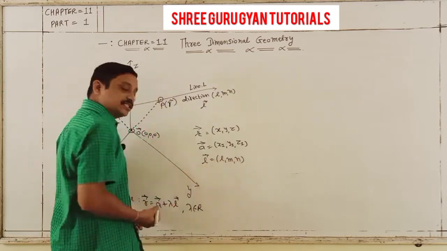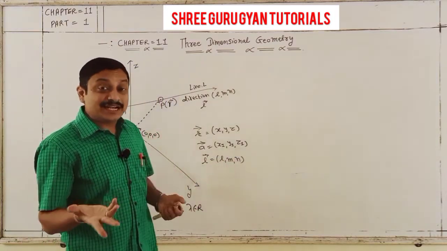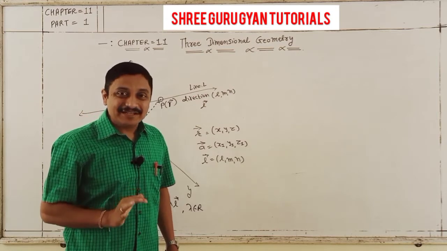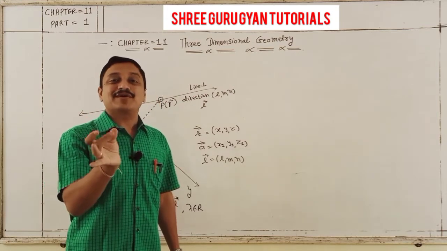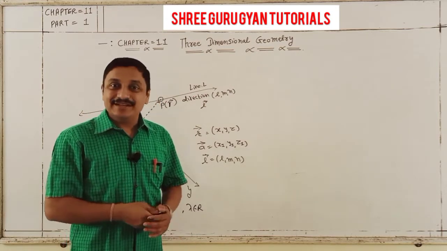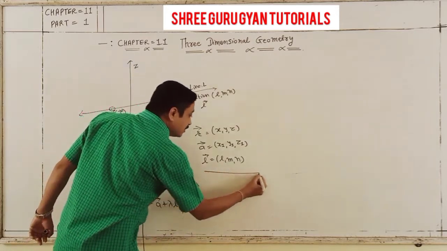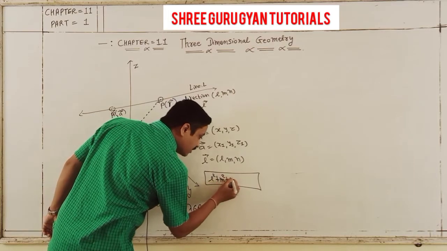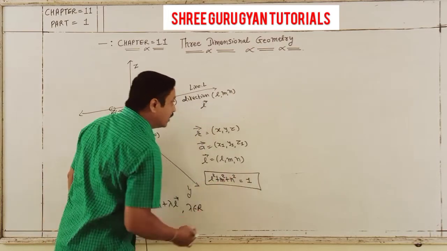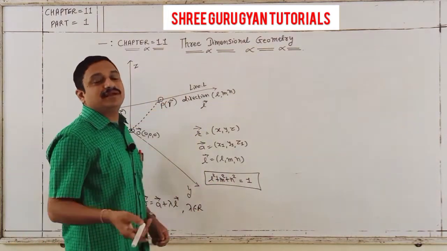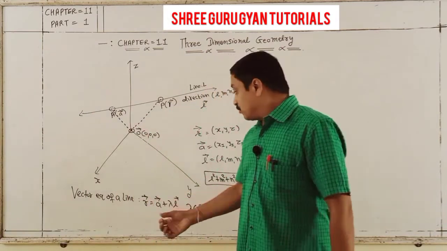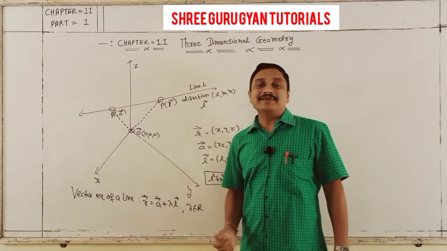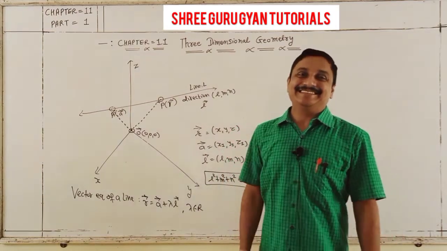And that direction is just like you know the direction cosines, cos alpha, cos beta, cos gamma. So the sum of squares cos² alpha + cos² beta + cos² gamma is 1. So here also students, this property you can learn by heart: l² + m² + n² = 1. And here students, our short introduction for the vector equation of line: r bar = a bar + lambda l.